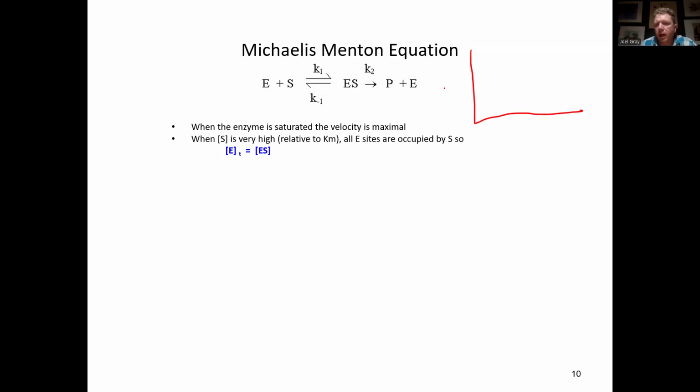You have a plot, or your enzyme data is plotted with your y-axis being your velocity, and your x-axis being your substrate concentration. This is known as a Michaelis-Menten plot.